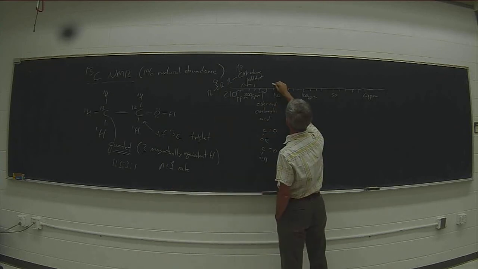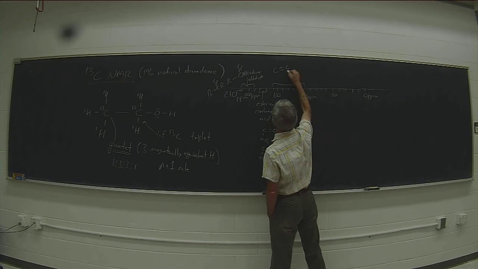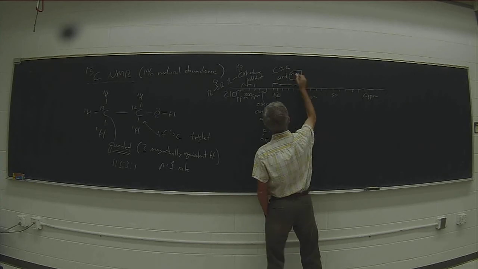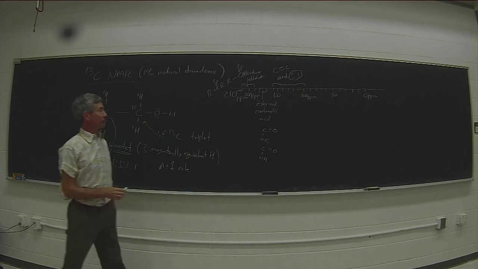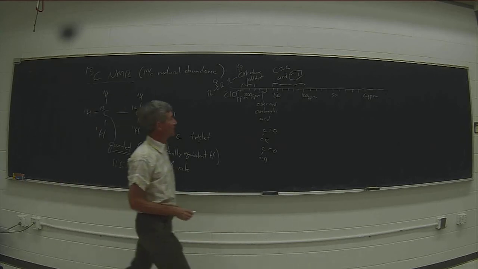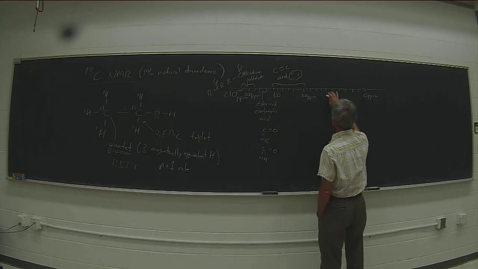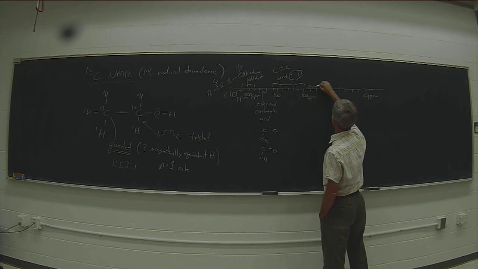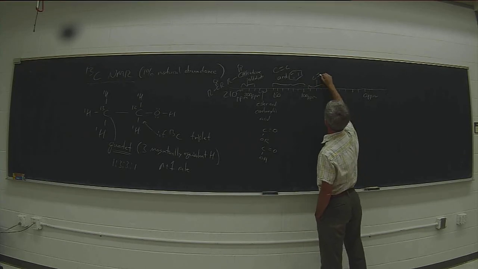The range for alkenes, carbon-carbon double bonds, generally shows up between 100 and 160. Typically somewhere between 65 and 95 is where we see the alkynes.